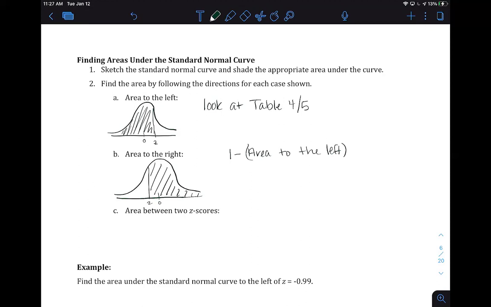And then if you're finding the area between 2 z-scores, if you can't tell, I'm very bad at sketching these. I'm going to say z1 and z2.